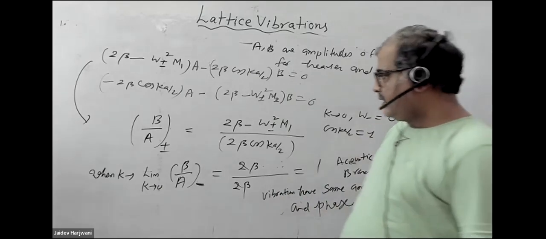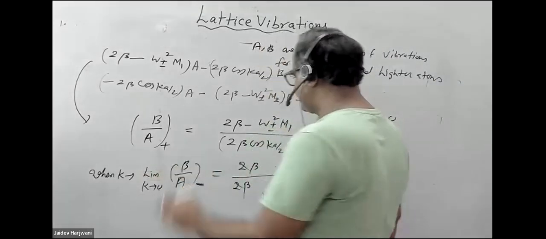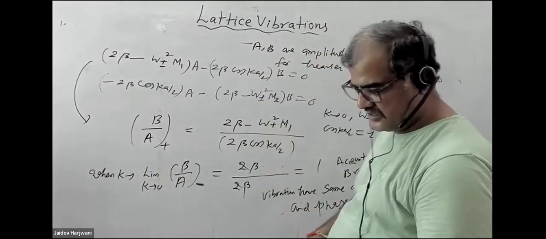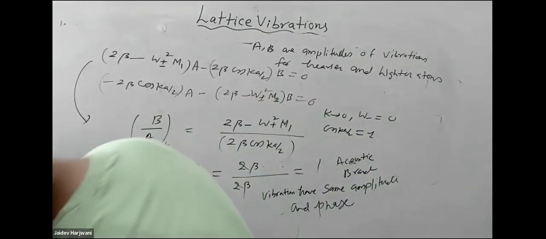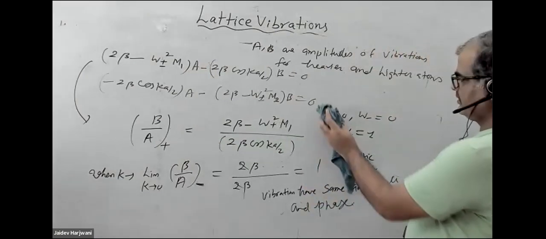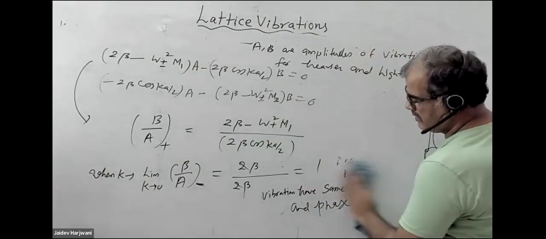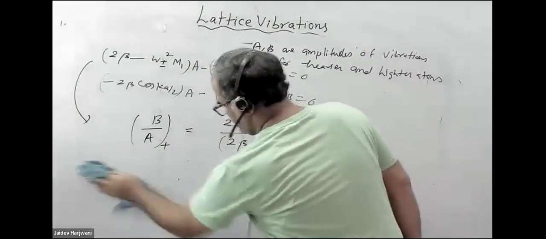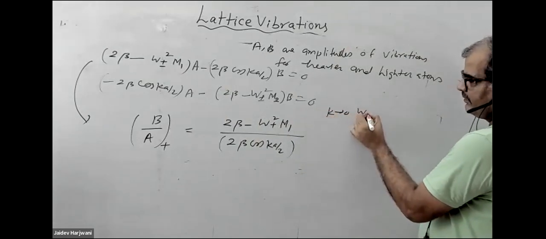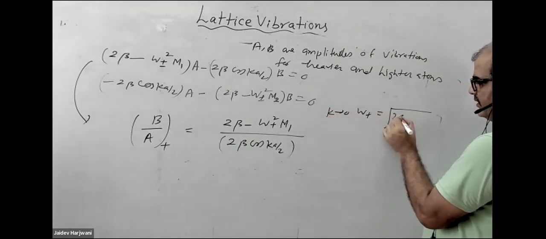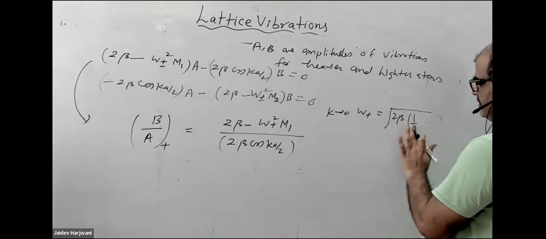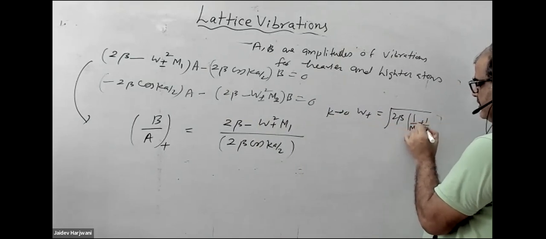Okay, now let me calculate this for omega plus. Same, k tends to 0. So when you calculate for omega plus, what we know is, when k tends to 0, omega plus is 2 beta times (1 upon m1 plus 1 upon m2).